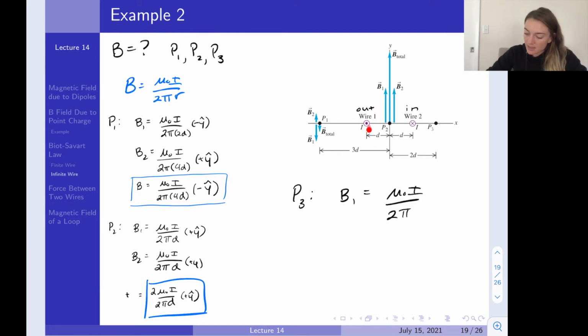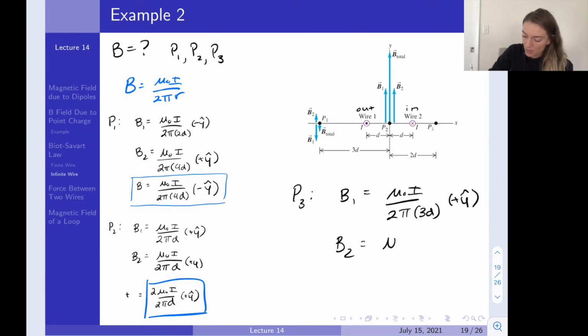The distance is d, and then we have another d to get here, or just d plus 2d. So that's going to be 3d. And the direction, we point our thumb out of the page, and when we get to P3, we see that our hand is pointing upward. So this is also in the positive y hat direction.